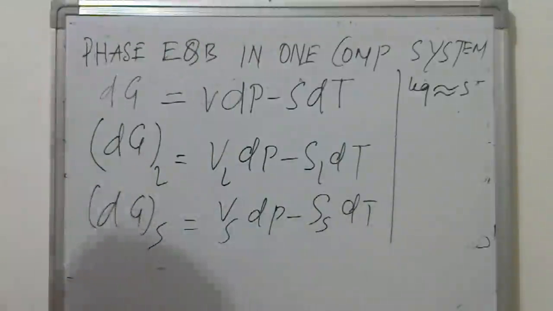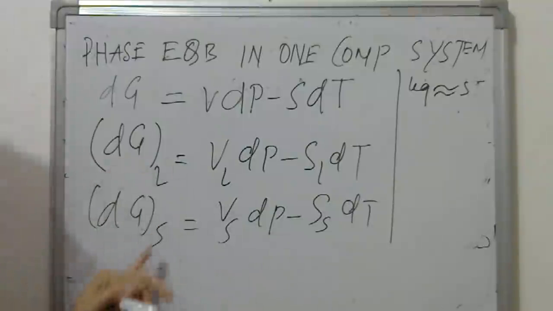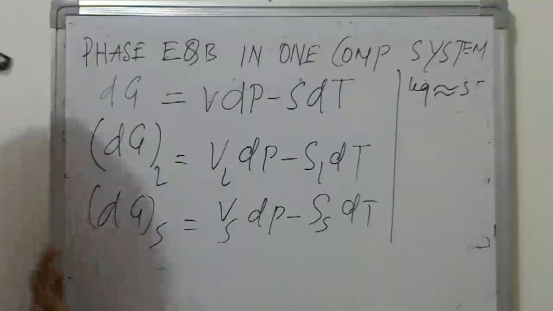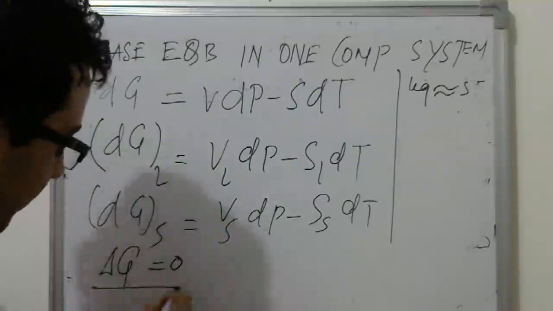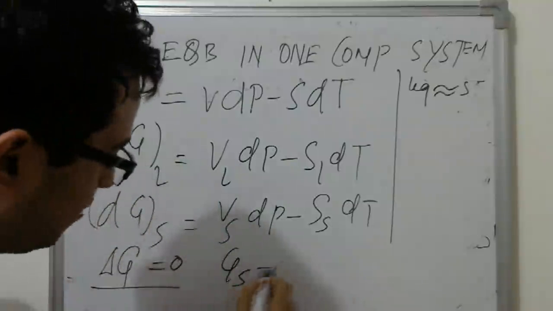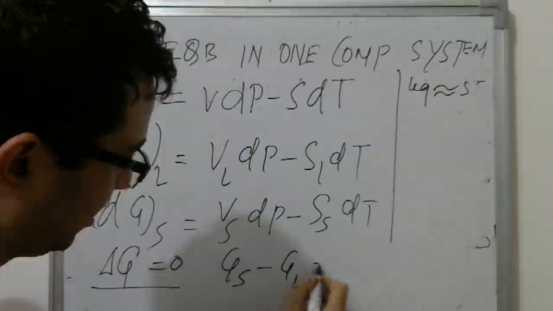We can talk about alpha, beta, liquid, anything. For an equilibrium condition, if the liquid won't convert to solid and solid will not convert to liquid, the moles will be constant. So the free energy change will be zero. That is, delta G is zero, that is G solid minus G liquid is zero.